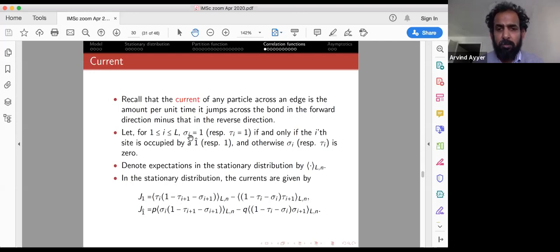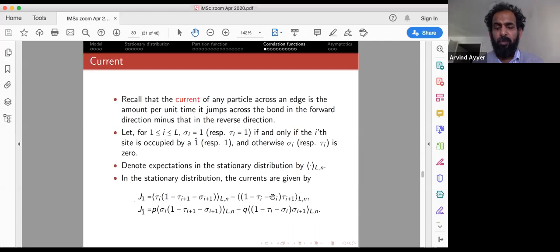Oh, sorry, I should have explained this. Sigma i is 1 if and only if the ith site is occupied by a 1 hat, and tau i is 1 if and only if it's occupied by 1. Otherwise it's 0. So this means that there's a 1 at the ith site and a 0 at the (i plus 1)th site, and this means the other way around.